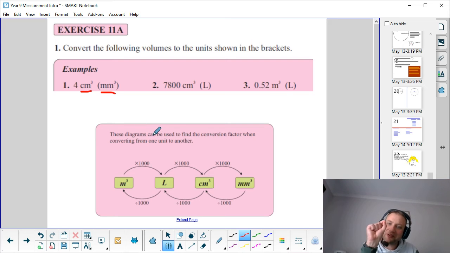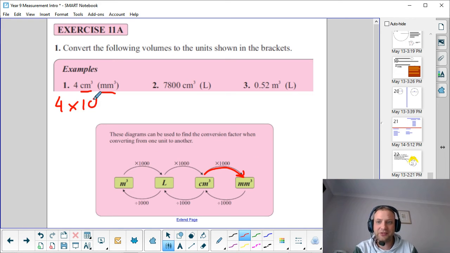Millimeter cubes, very, very small 3D little objects, almost grains of sand, basically. So we find the right part of our flowchart to turn a centimeter cubed into a millimeter cubed. So in the first example, it's here. And essentially 1,000 little millimeter cubes fit inside a centimeter cube. So to turn this unit into that unit, just follow the flowchart times by 1,000.